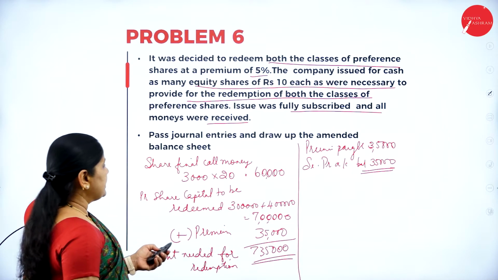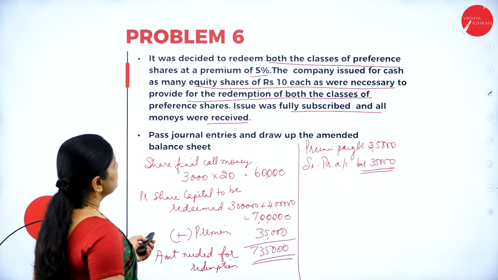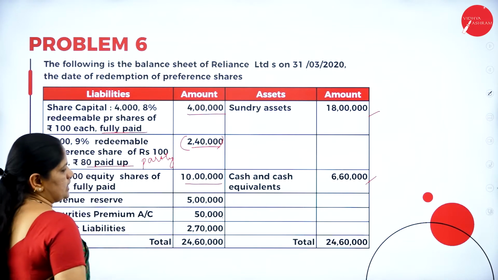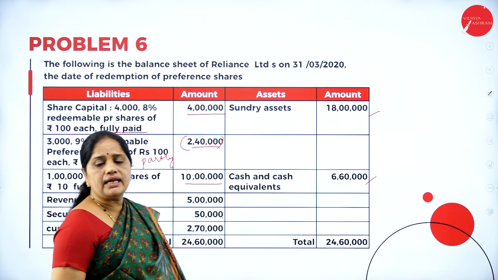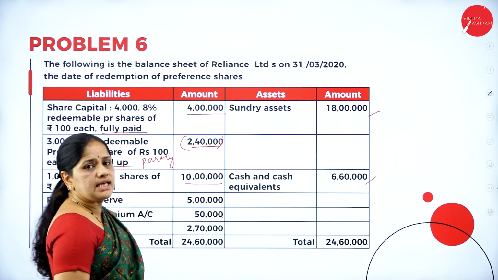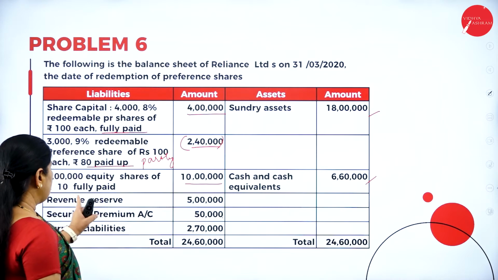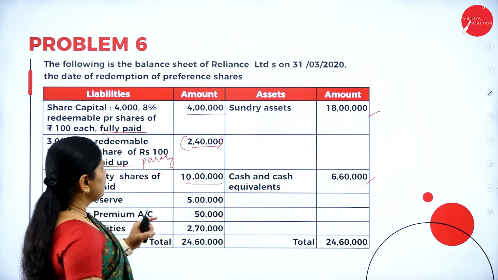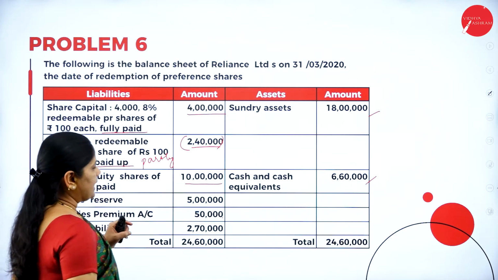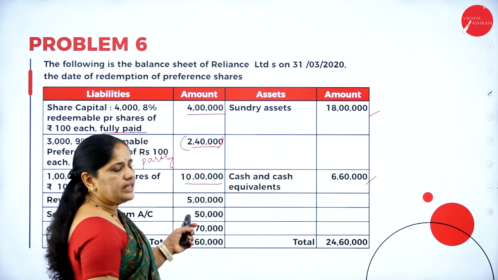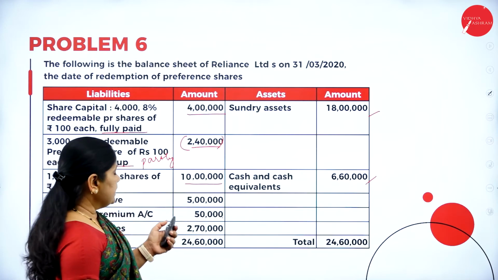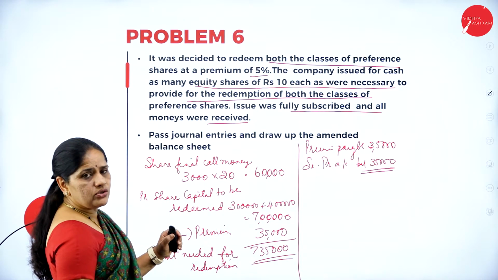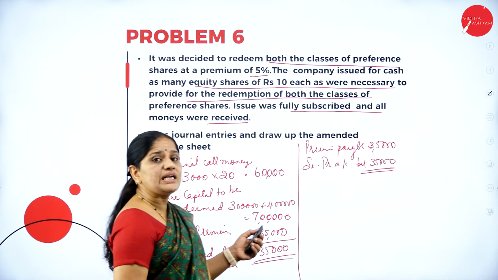Now, the rest of the money I have to raise is 7 lakhs. Now, this 7 lakhs I have to raise through the issue of equity shares. Now, I have to calculate what is the number of equity shares I have to issue. So, already in the revenue reserve, I have 5 lakhs. So, out of this revenue reserve 5 lakhs, I can make use of it for redemption. Then rest of the 2 lakhs of money I have to make use of from the issue of equity shares.